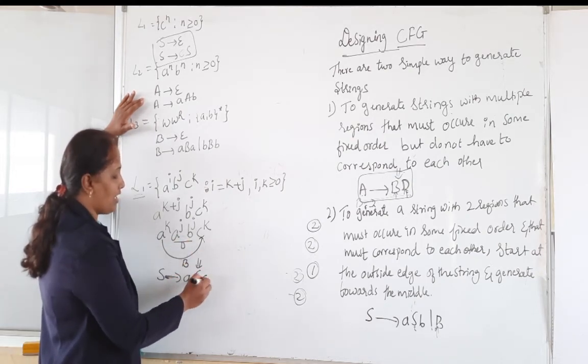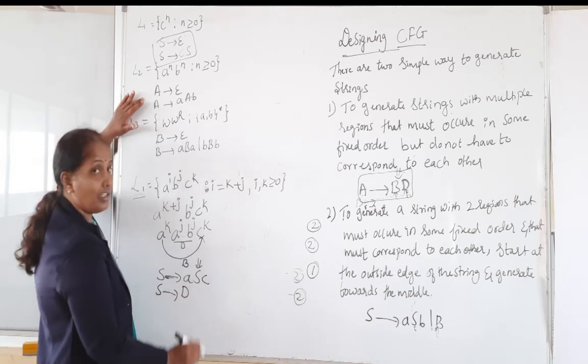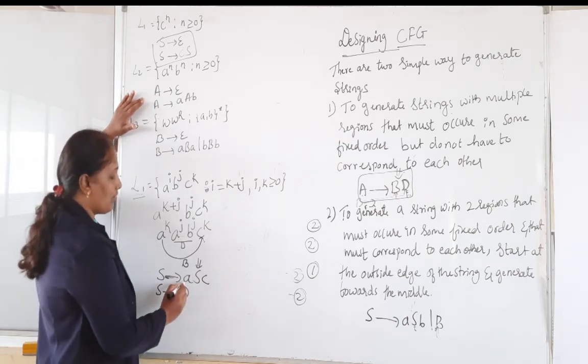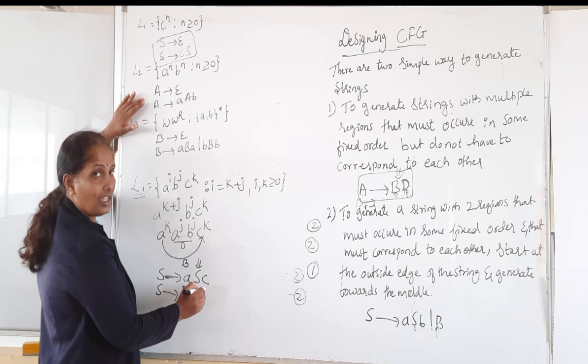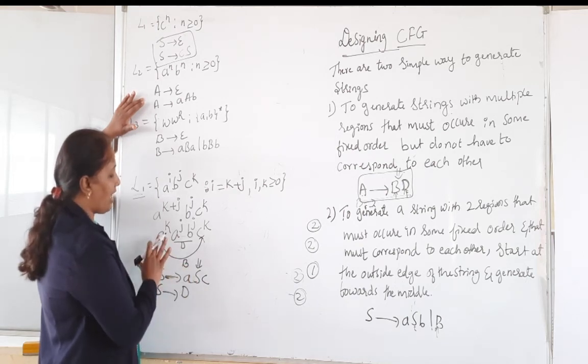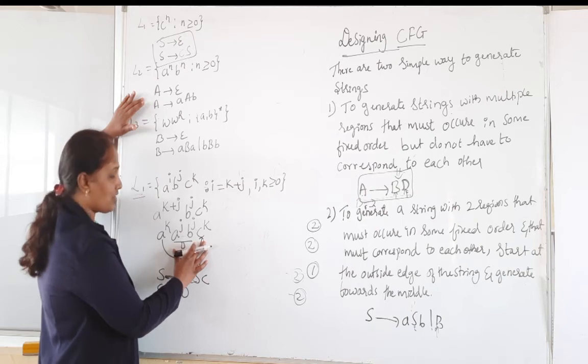So S can be A S C, or S may have a D. Based on these two rules, I should substitute S as A S C. If I substitute, I get the characters which occur at the outer edge of the string.